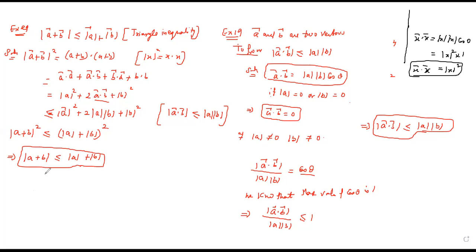If there are two vectors, when I add the two vectors and take the mod, it should be less than or equal to the sum of the mods of the individual vectors. I hope this is fine. Yes, students?